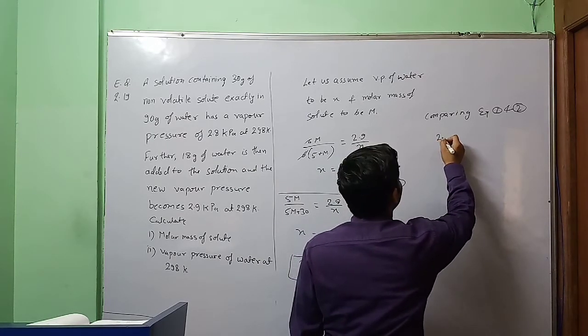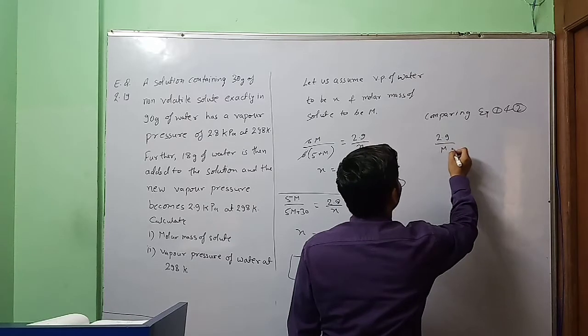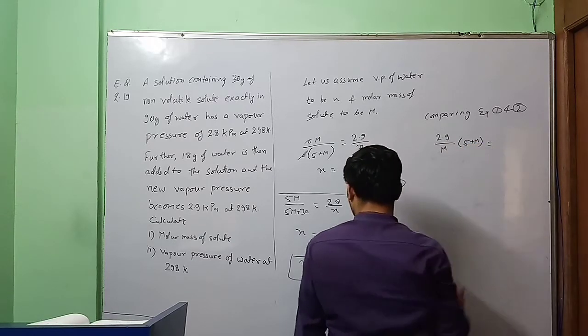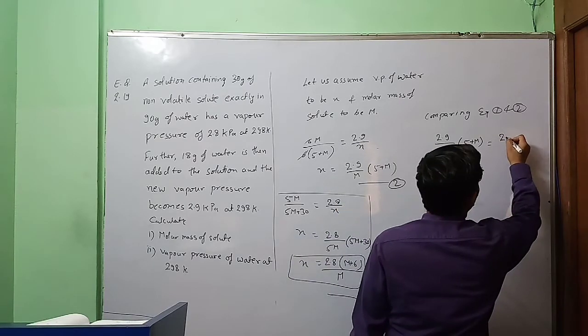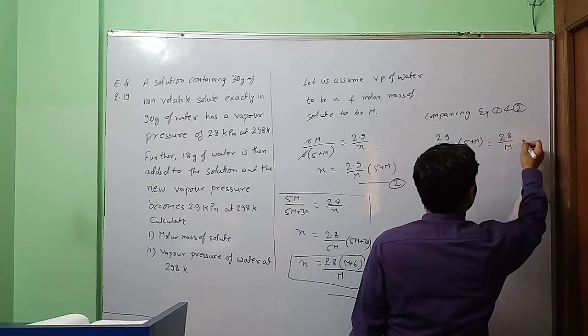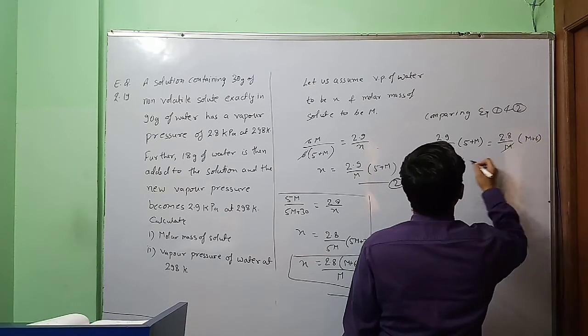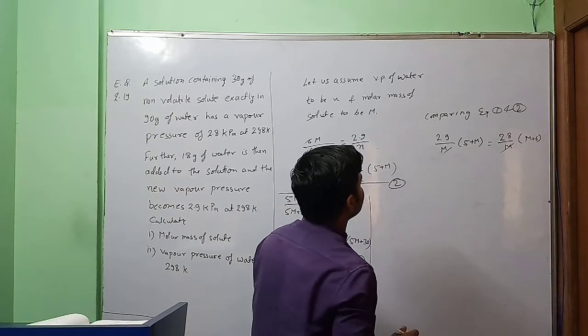We will get 2.9 upon M into 5 plus M equals 2.8 upon M into M plus 6. So these Ms are cancelled.